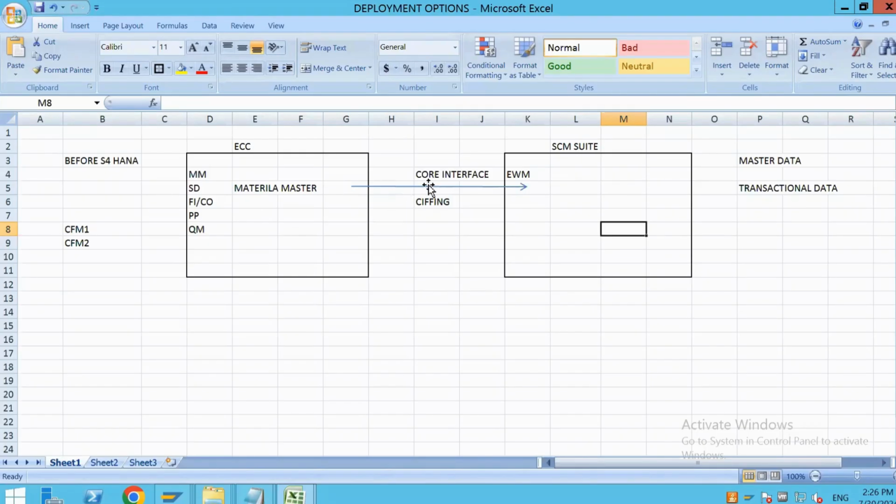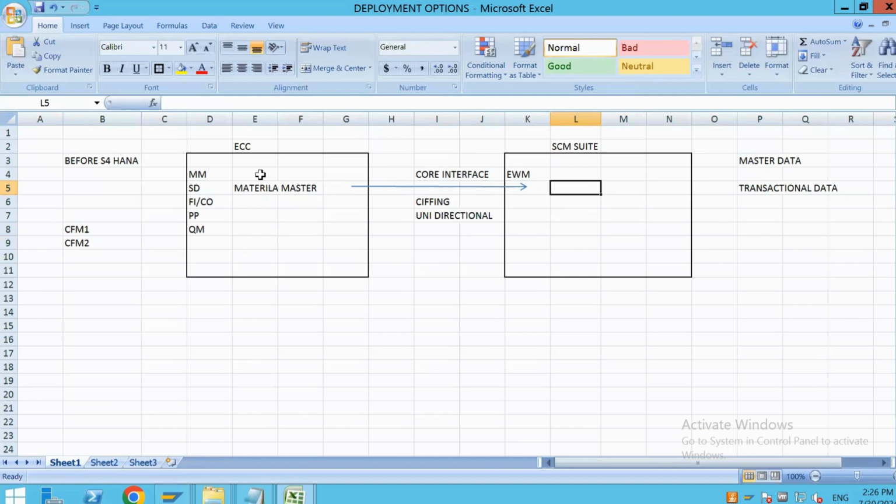The core interface is unidirectional. Why I'm saying unidirectional: I can push from ECC to EWM, but if I make any changes in EWM, it won't be reflected, and the system itself won't give you the feasibility to change in EWM. Suppose I gave some unit of measurement as EHS for a product, but that is not correct. I already pushed that information to EWM. I want to change it. I cannot change it on the EWM side.